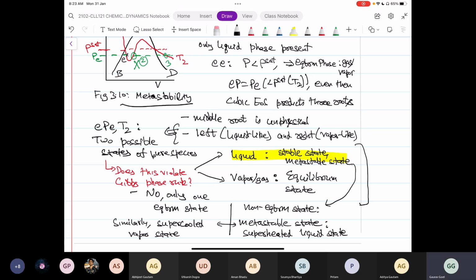As soon as you provide it, you are able to overcome that barrier, either by increasing the driving force or by providing something else, for example, an impure particle or some other nucleation site. You are able to convert from one phase, which is metastable, to an equilibrium phase.